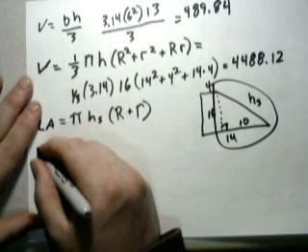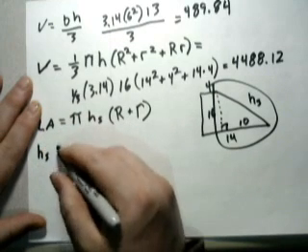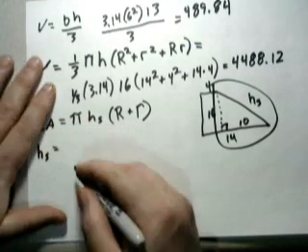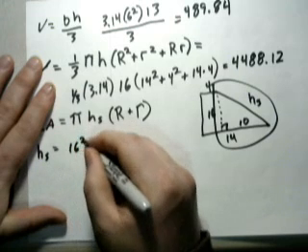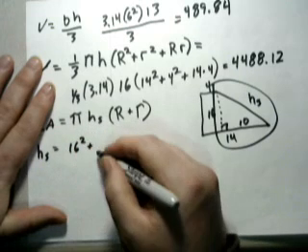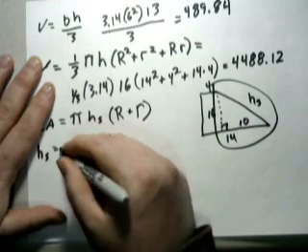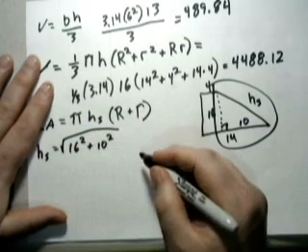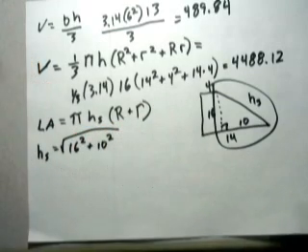Okay, so height slant is equal to the square root of 16 squared plus 10 squared. So let me just go ahead and do that right in the calculator. Square root of 16 squared plus 10 squared, we know was 100.